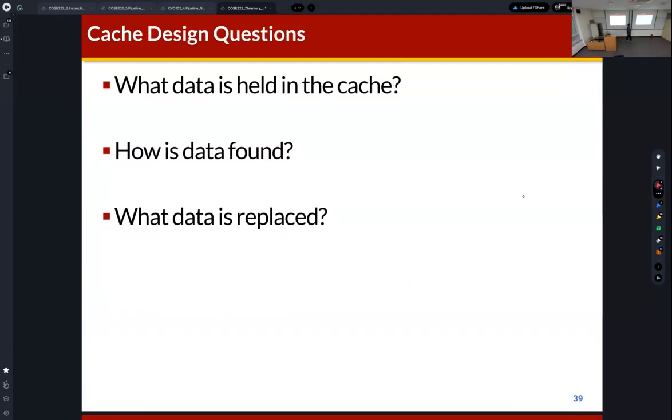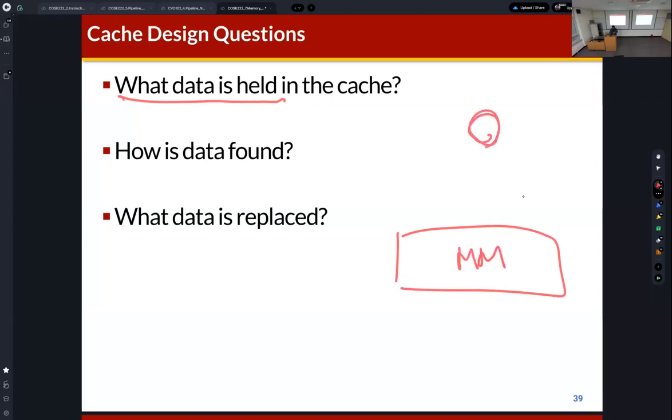Then how can we design these caches? As I mentioned, the size of the cache is small, smaller than main memory, which means that we need to decide what data is held in the cache. The main memory has every data, but the size of the cache is smaller than the main memory.